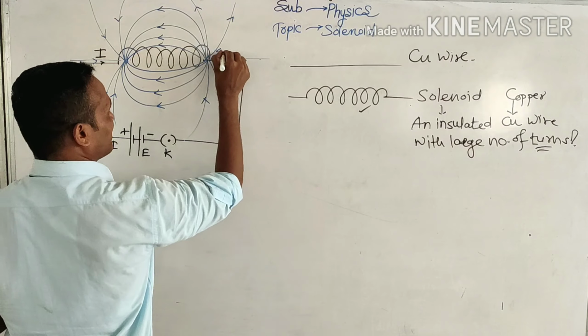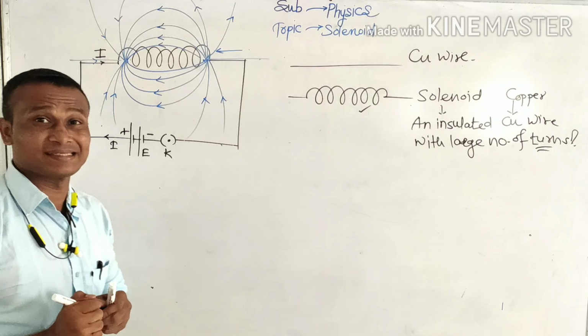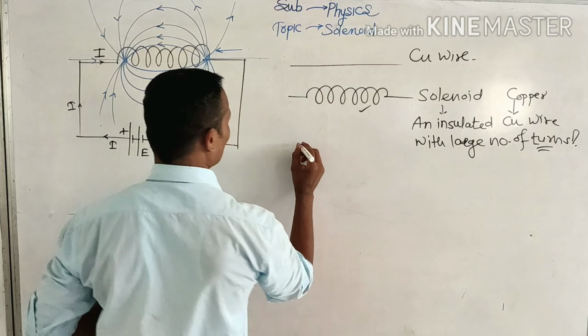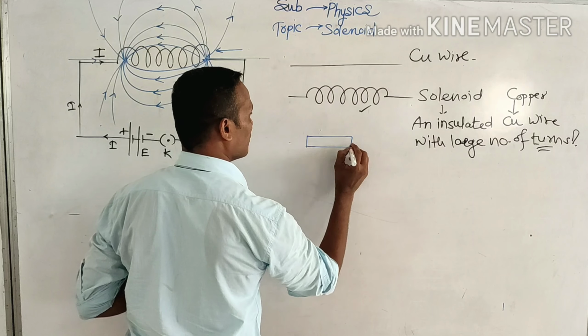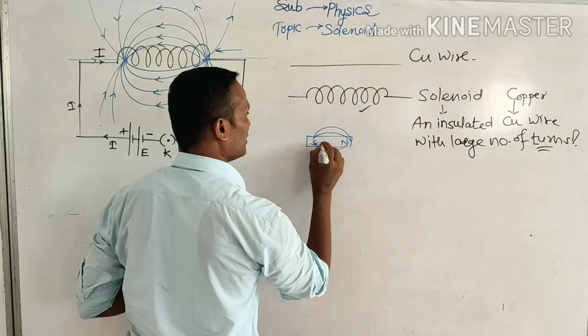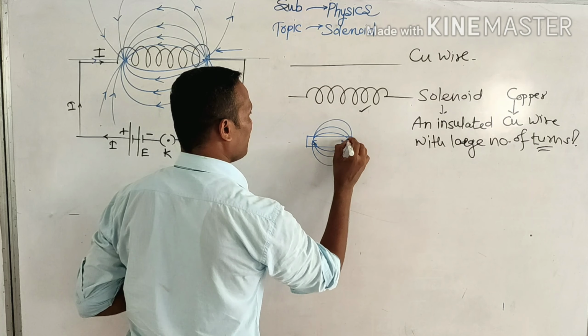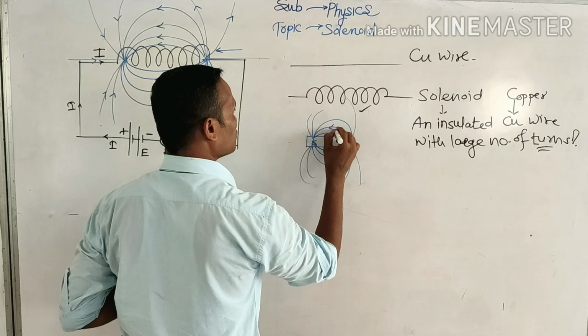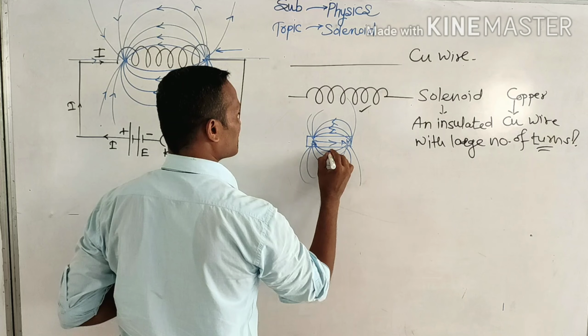And now this pattern is exactly the same which we got in case of your bar magnet. If you could remember, this is a bar magnet, this is the south pole, this is the north pole, and around the bar magnet we got the same pattern, from north to south outside, and inside, south to north.